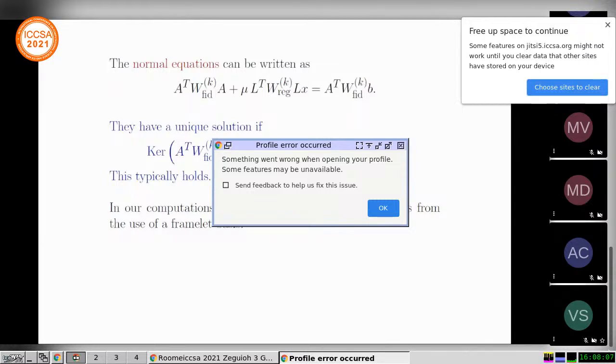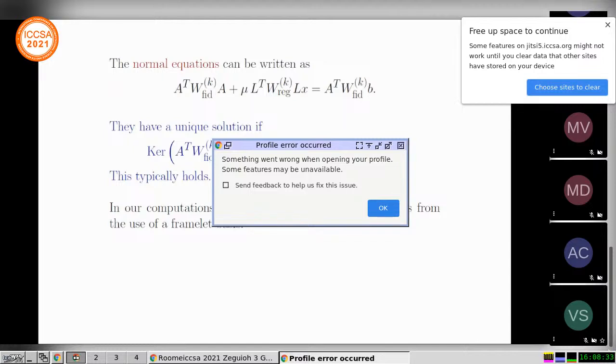The only point I want to make now is that they typically have a unique solution, because of our choice of A and L. I haven't told you about L yet, but it's an analysis operator because we will look at our solution in terms of framelets. So we will represent the image in terms of framelets.